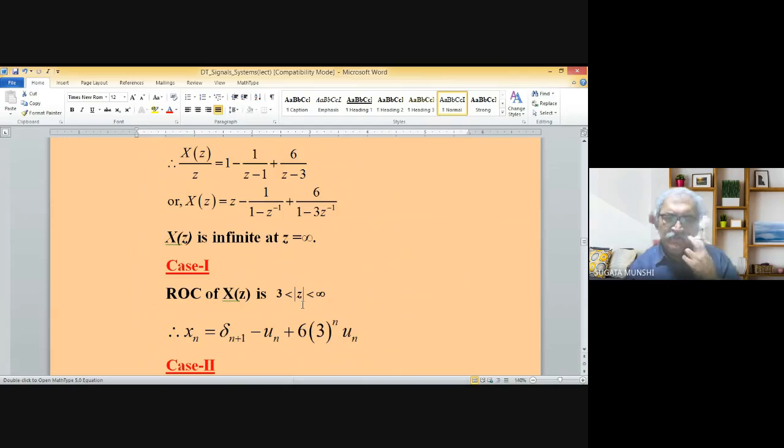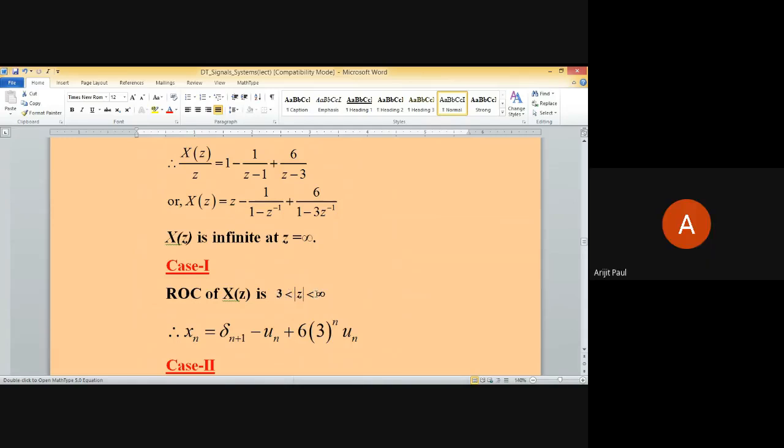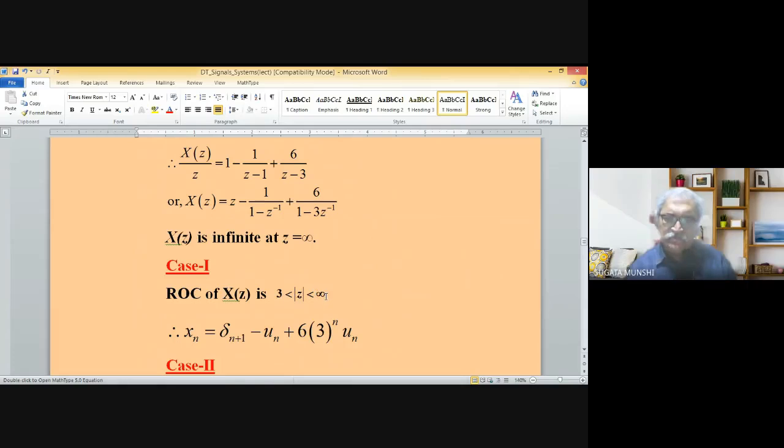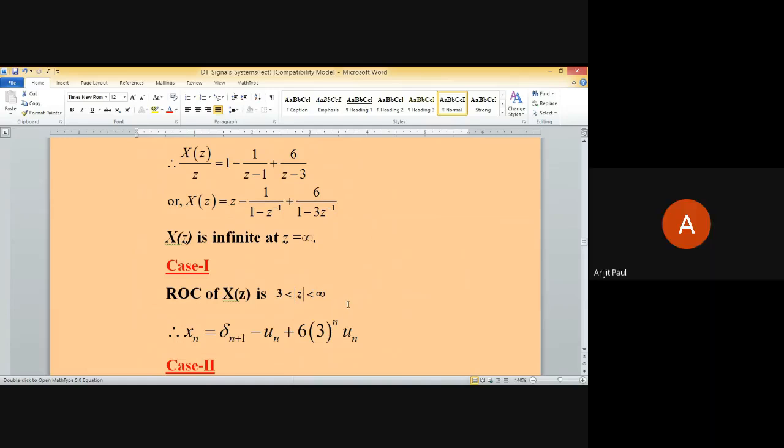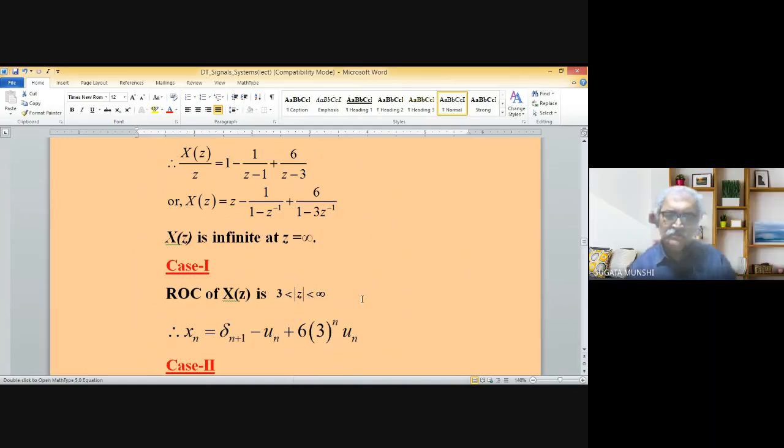If it were purely causal, magnitude of z would have been straightway greater than 3. Because it is less than infinity, it's not purely causal. Because for purely causal sequences, the ROC of the z transform is the entire z plane to the exterior of a circle of finite radius. Here it's not that.